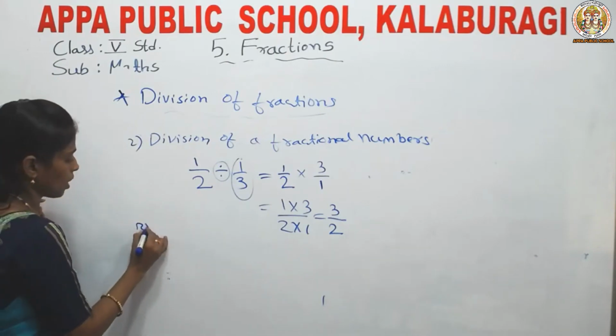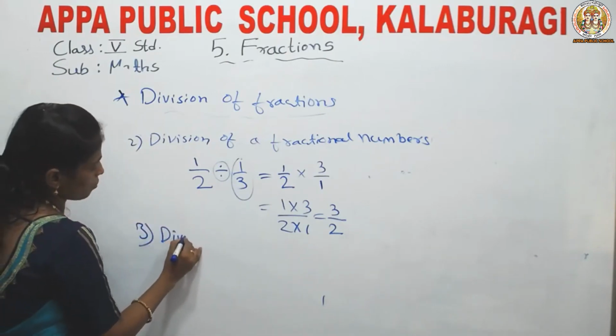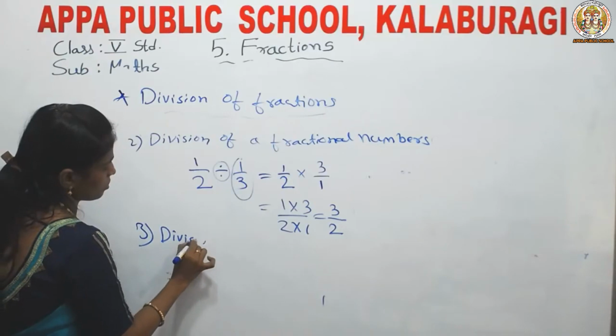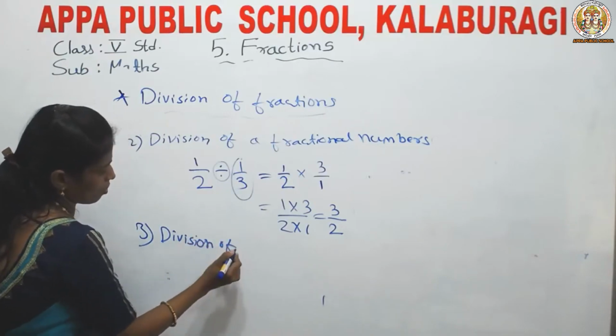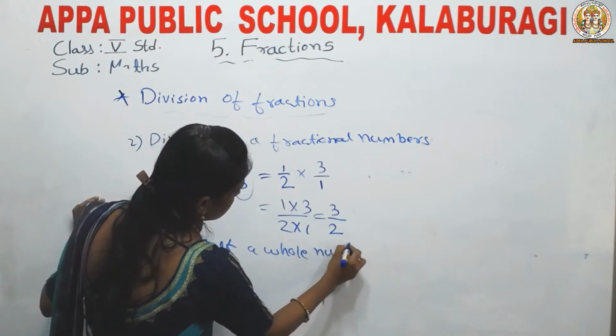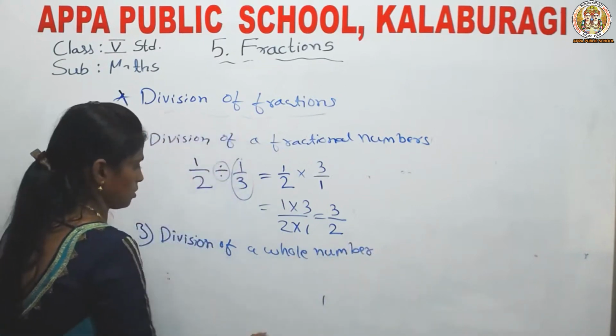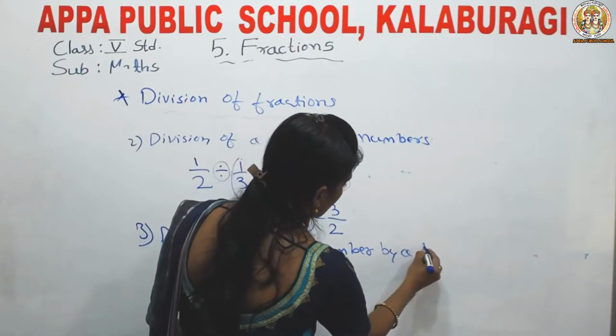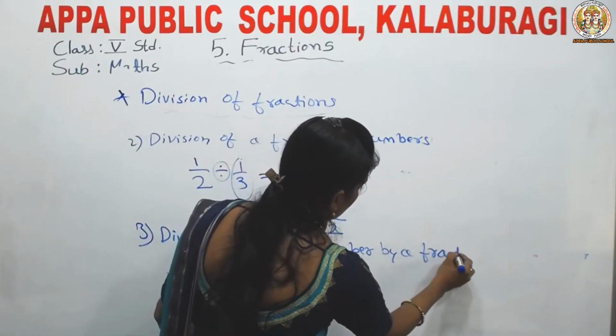Next, the third one: division of a whole number by a fractional number.